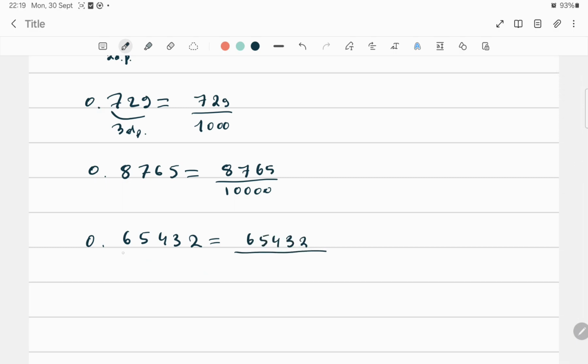You have to divide it by what? It's 5 decimal places, so you divide by 100,000.